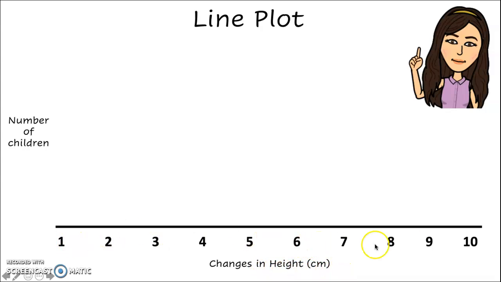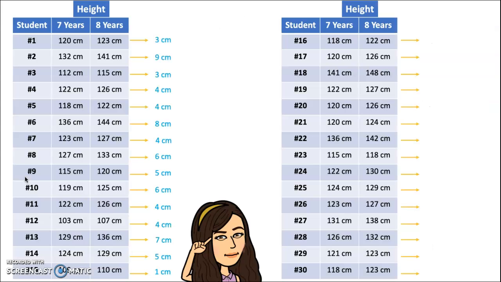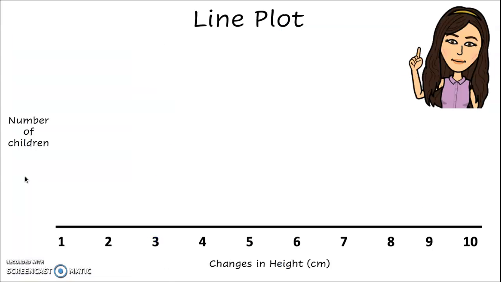These are the centimeters that students grew from one year to the next. And over here, notice that it says number of children. So, with the information that we found before over here, we are going to figure out how many children grew only 1 centimeter.